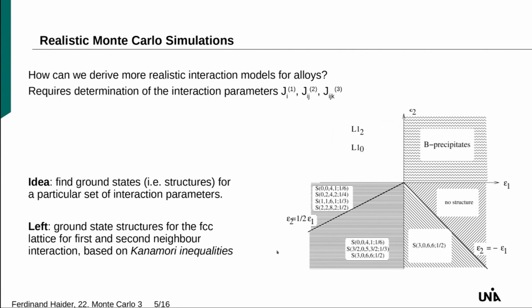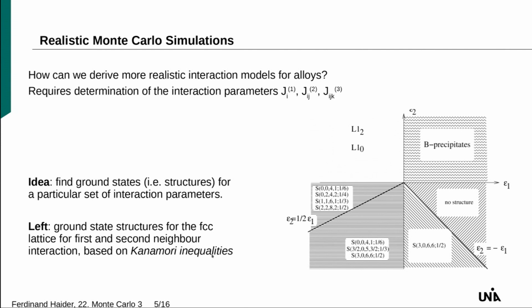To obtain such a map, and this was done for interaction up to fourth neighbor, if I remember correctly, this is called Kanamori inequalities. It's a tricky way to derive, but not if you look it up. I think you even found a Wikipedia article on that, but you don't find lots of literature on these Kanamori inequalities.